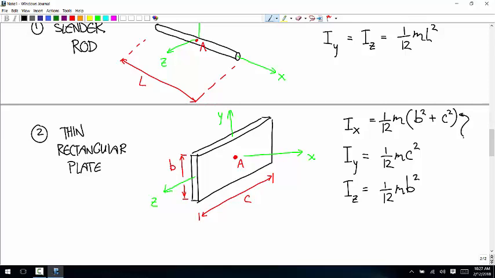So this is like a blade, and these two are like paddles. Like a ninja star.